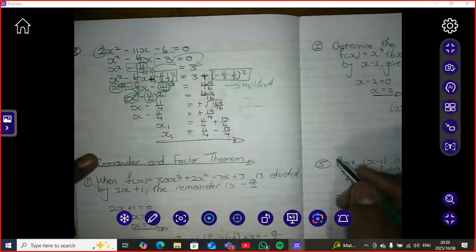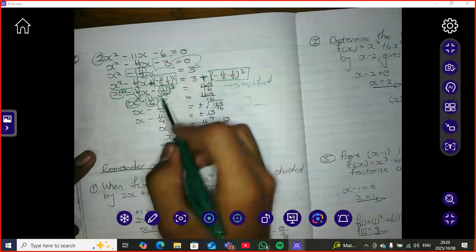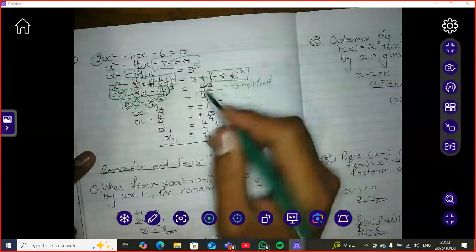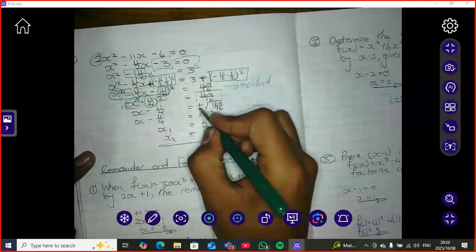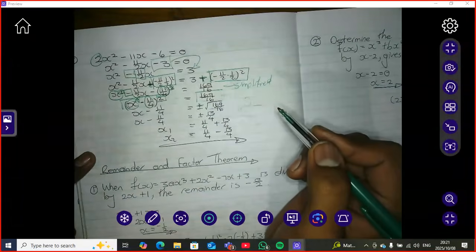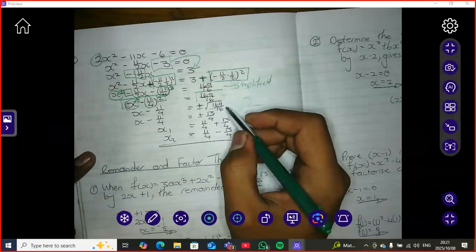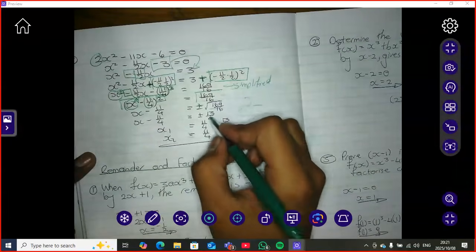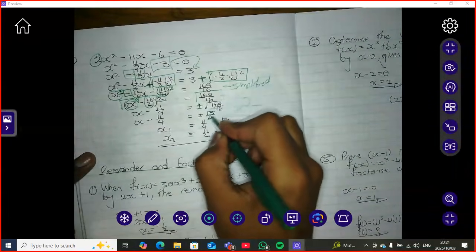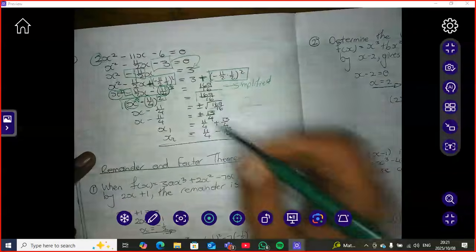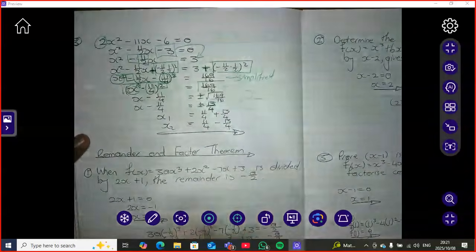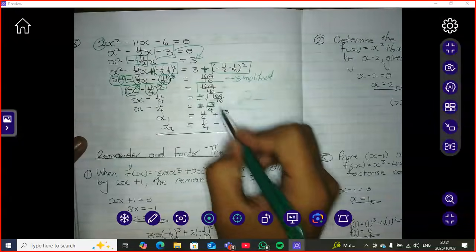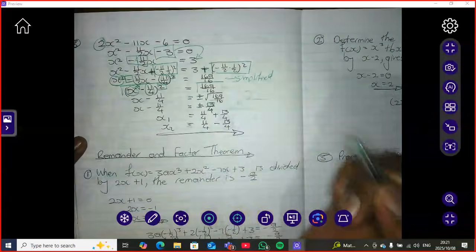Then to get rid of the squared, I square root both sides. And when I square root both sides, I get a plus and minus over here. And then lucky for us, when we square root this fraction, I get 13 over 4 plus or minus. Plus or minus means I get two answers. That means I will get a positive 13 over 4 and a negative 13 over 4.